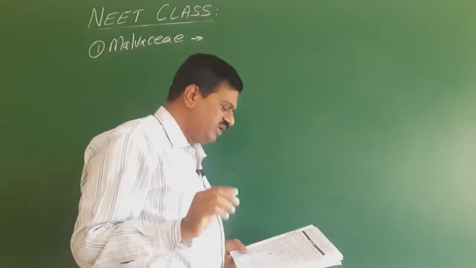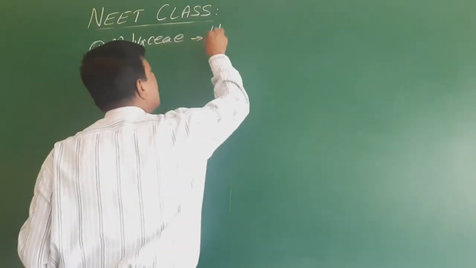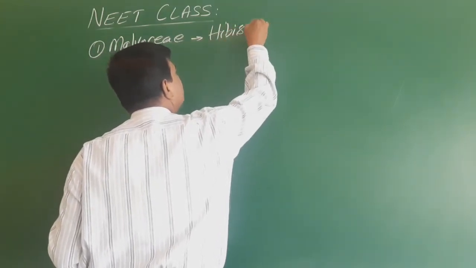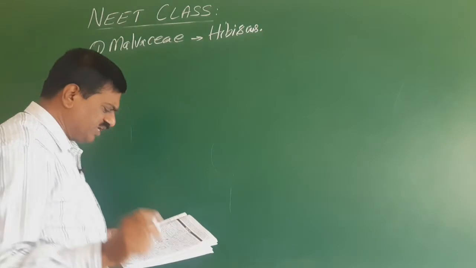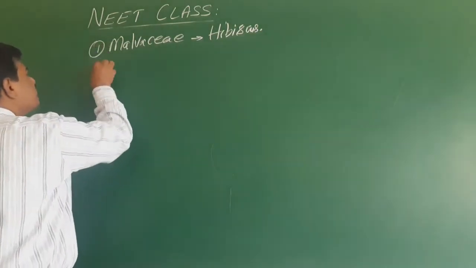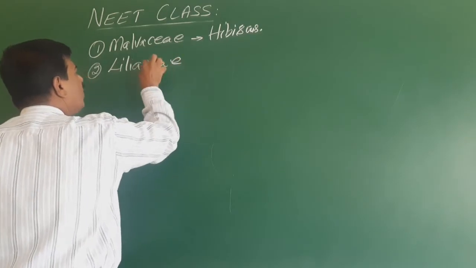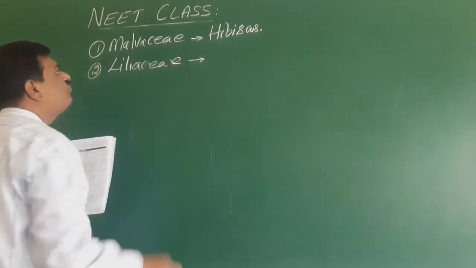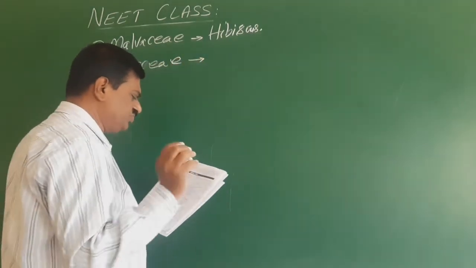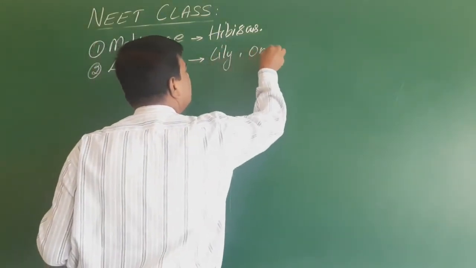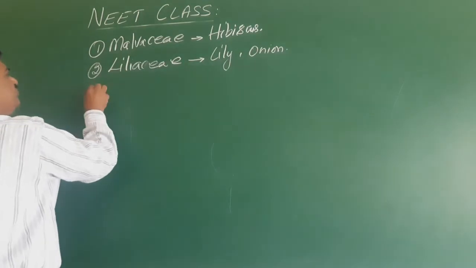Example for this is hibiscus. The second one is Liliaceae. Liliaceae is one more monocot family. Here the example may be lily or even onion comes under this.